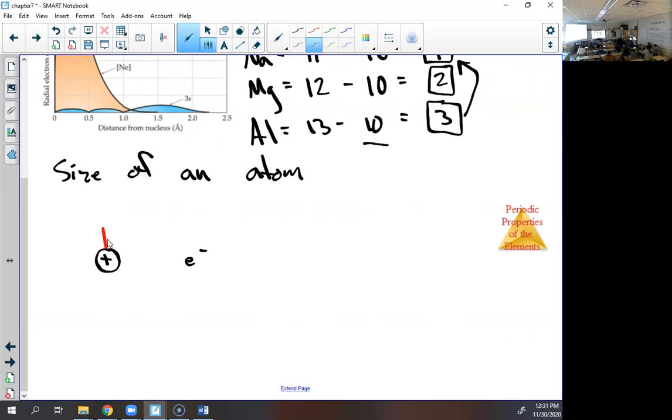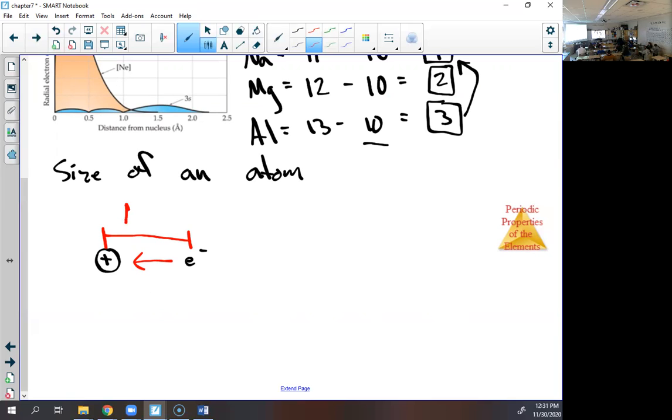So I would just take my little ruler and measure how far away that is. Well, think about what determines that. The thing that decides how far this electron is away is how hard the nucleus pulls on it, right?